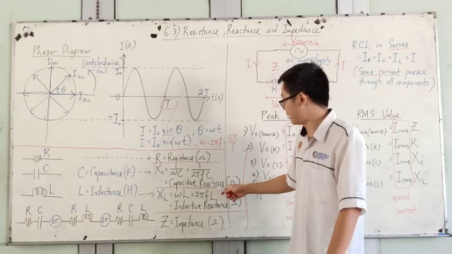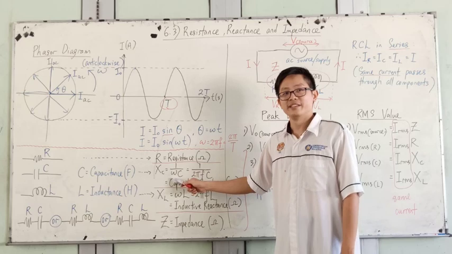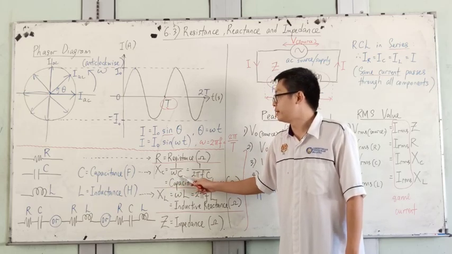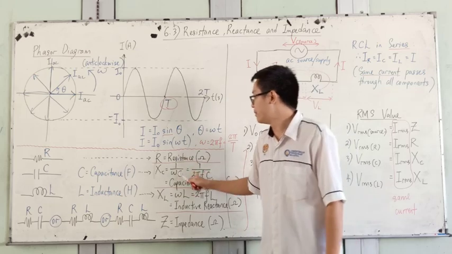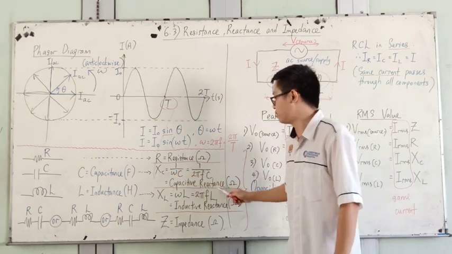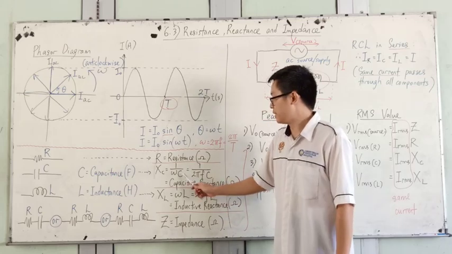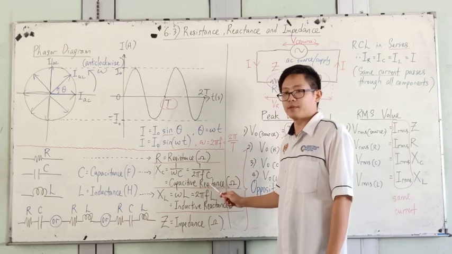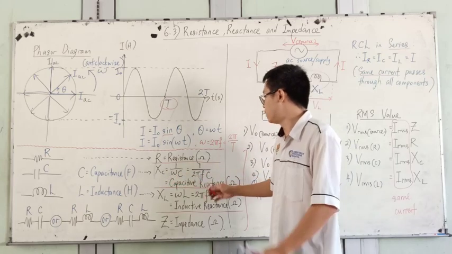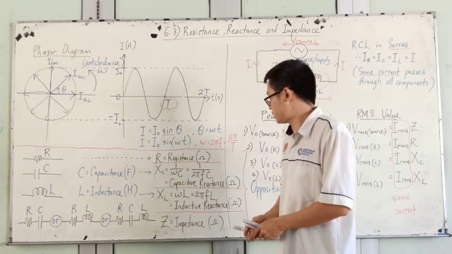Then substitute omega here and multiply by the capacitance, 1 over omega C. We can calculate the Xc, capacitive reactance, in ohm. Since omega is 2 pi f, Xc is equal to 1 over 2 pi fC.